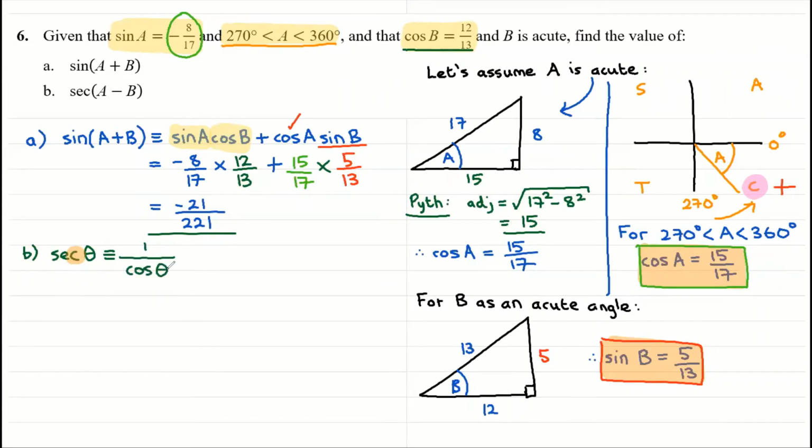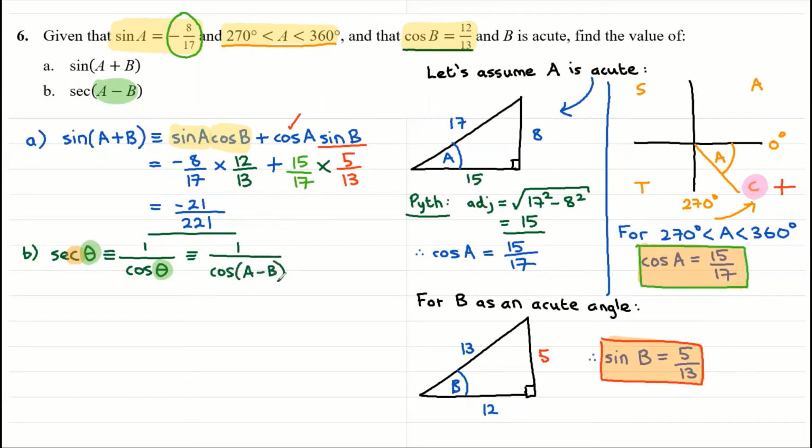And in this situation, our theta is going to be A subtract B, isn't it? So the theta here and the theta here are going to correspond to this. All right. So what we're indeed doing is we have to find the reciprocal of the cosine of A subtract B.